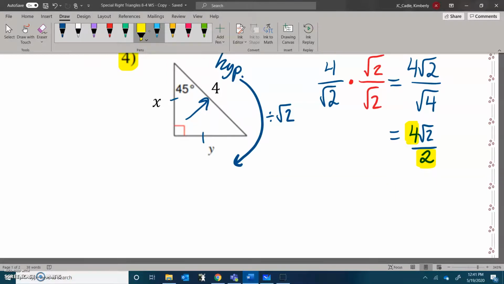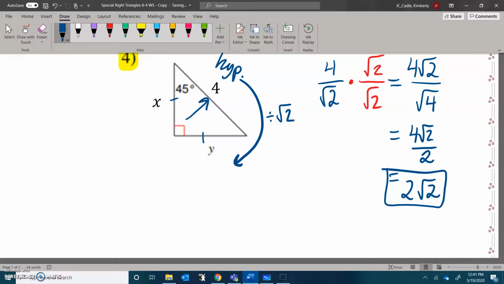We can divide those since neither of those are stuck underneath the radical. These are like terms. And 4 divided by 2 leaves us with just a 2. So there is our answer, 2 root 2. That is our answer for y and also for x since they are congruent.